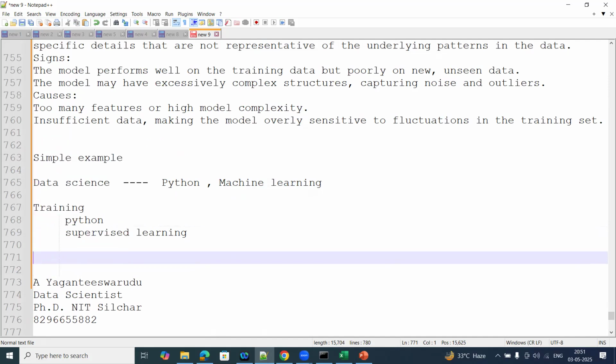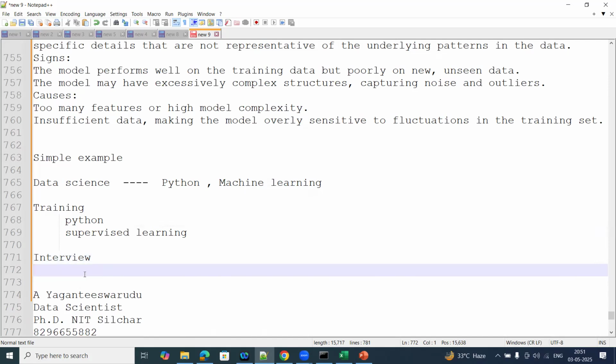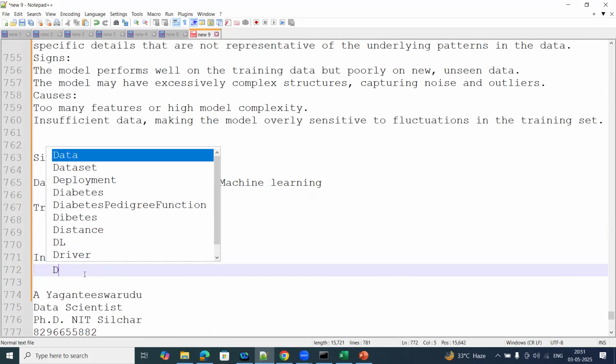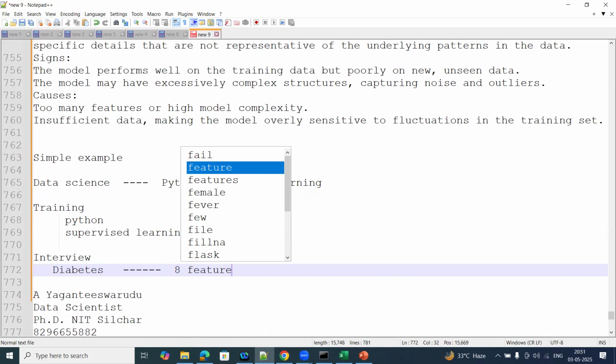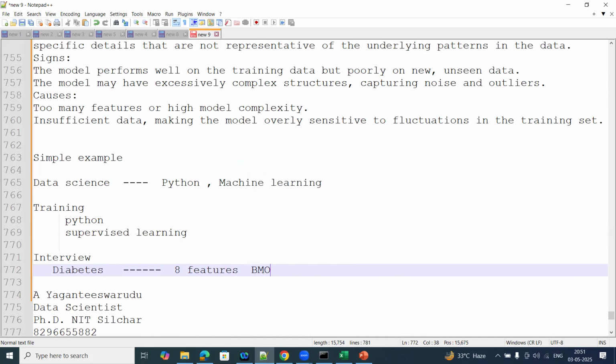during the interview, they ask some question like this. Your diabetes data set has 8 features like BMI, body mass index, and blood pressure, glucose, and so on.